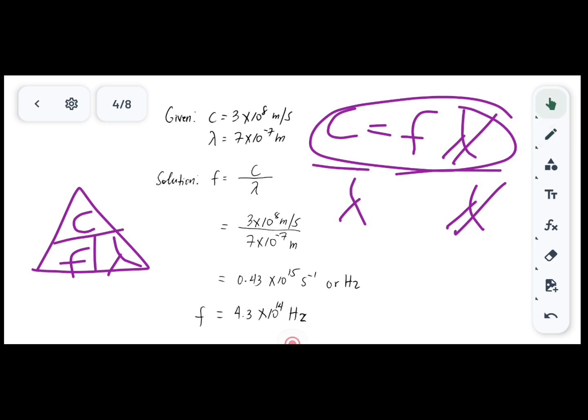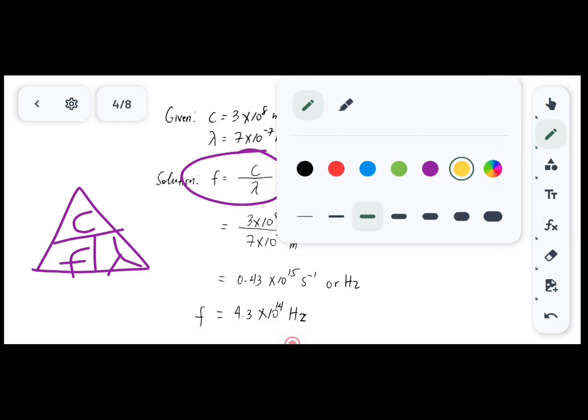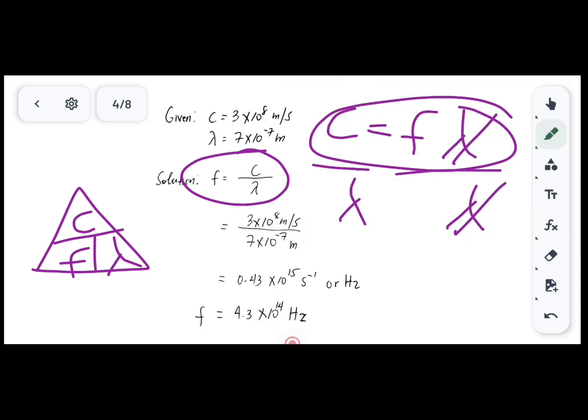Since you're looking for the f, you just have to cover this one, and then you will have c over lambda here. Next, since you already have the formula, you just need to substitute. So for f here, you will have the value of the c.